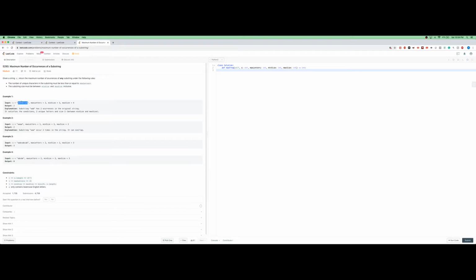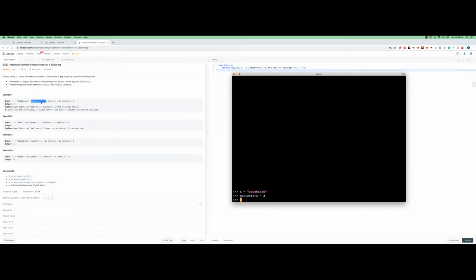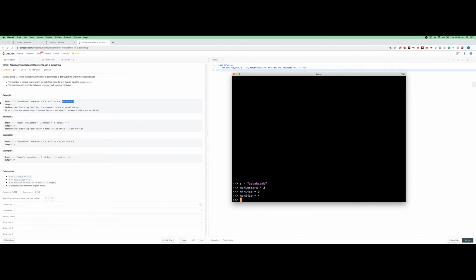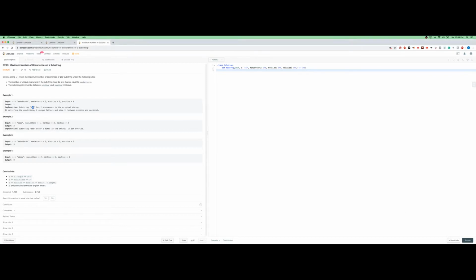So if we take a look at this string here, and max letters is 2, and then we would have min size 3, so size is between 3 and 4. Now the AAB string has 2 occurrences, this one and this one.